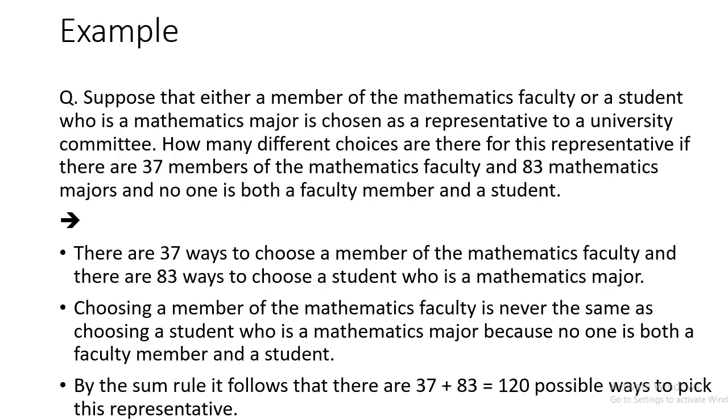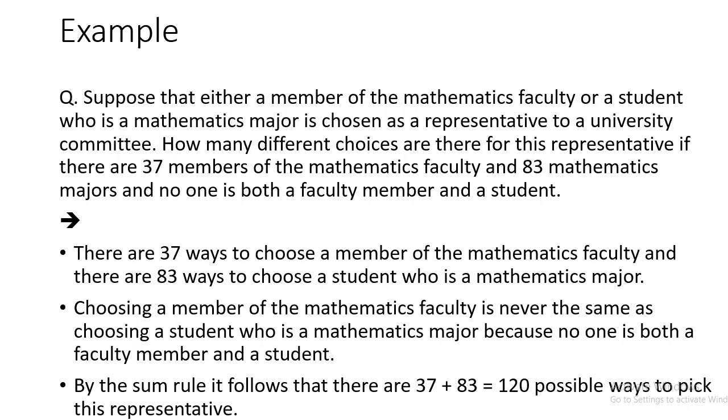Now let's see once again what the question is. Suppose that either a member of the mathematics faculty or a student who is a mathematics major is chosen as a representative, meaning we want a representative who is either mathematics faculty or a mathematics student.